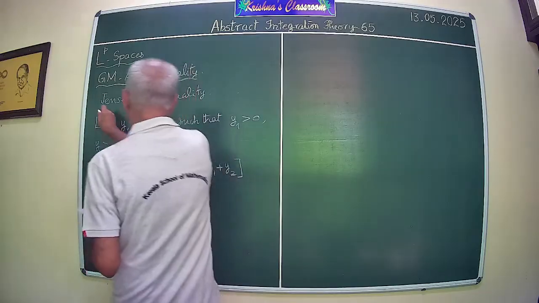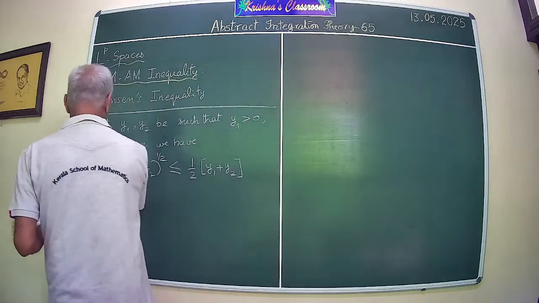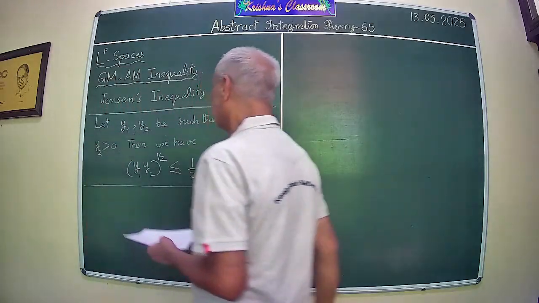So this is the AM-GM inequality for two elements y1 and y2.